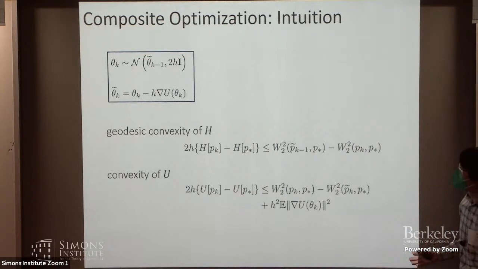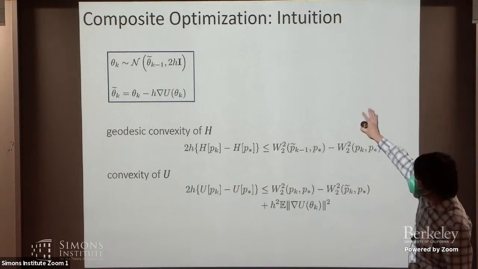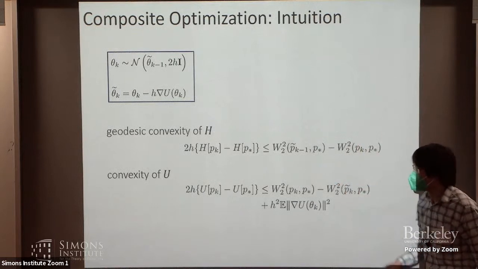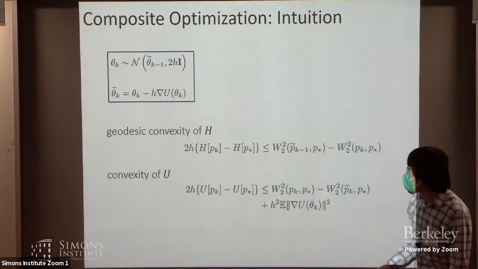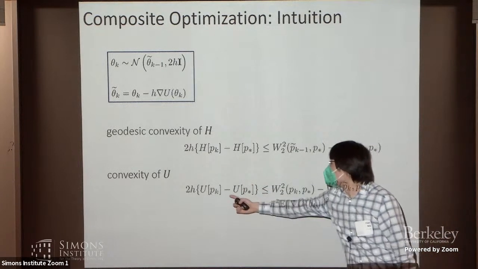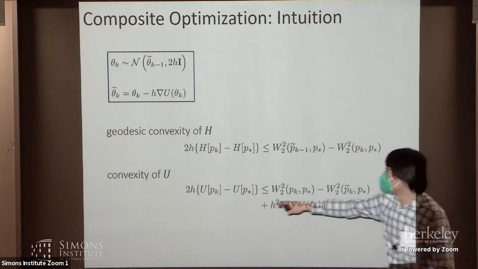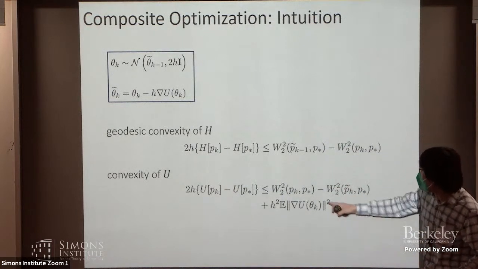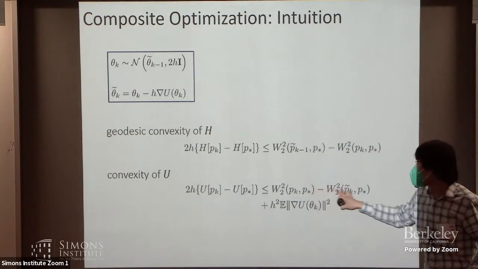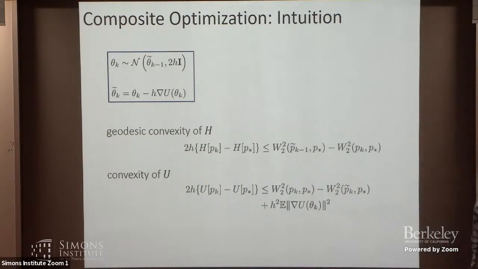What's different is that, let's look at the intuition and forget about the setting for a moment. Let's just assume U is convex. Then in this case, the difference in U is now aligned with this self-entropy, and the other part is also classical in convex analysis, right?